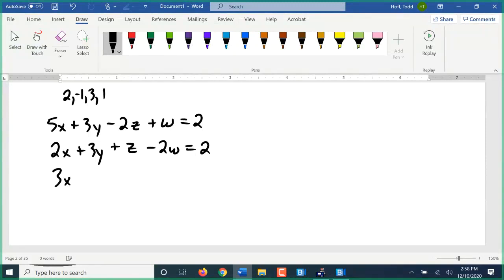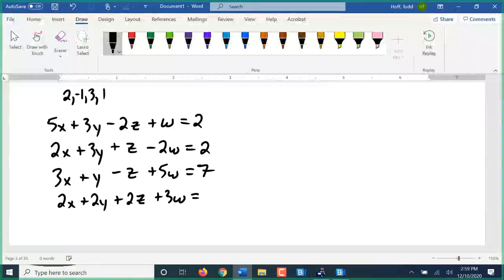And 3x plus y minus z plus 5w equals 7. 2x plus 2y plus 2z plus 3w equals 11.